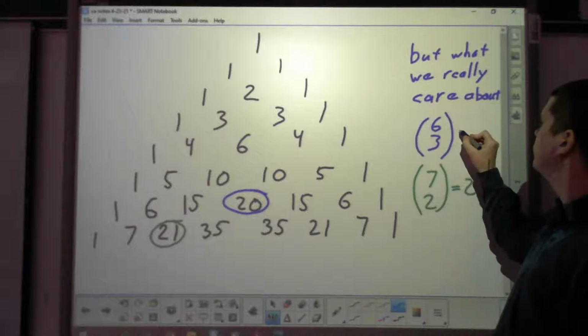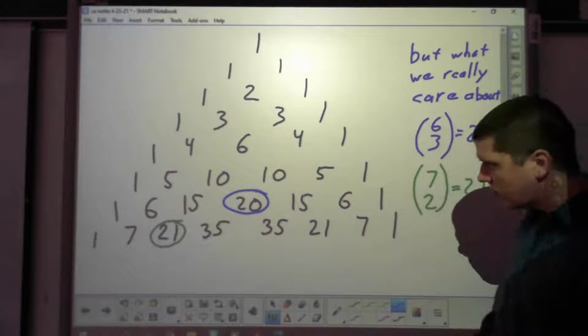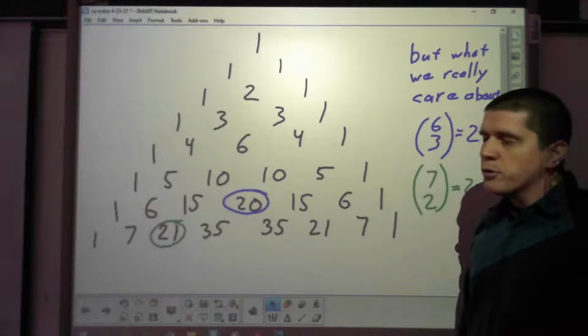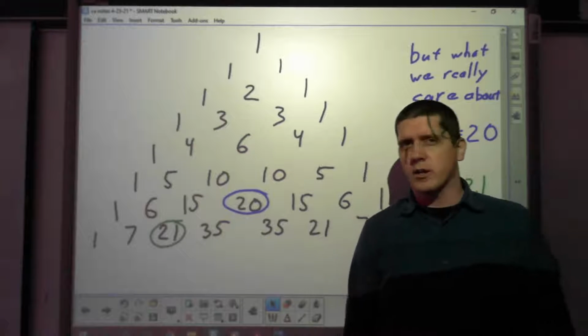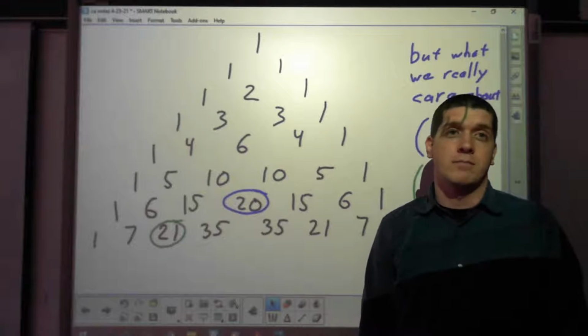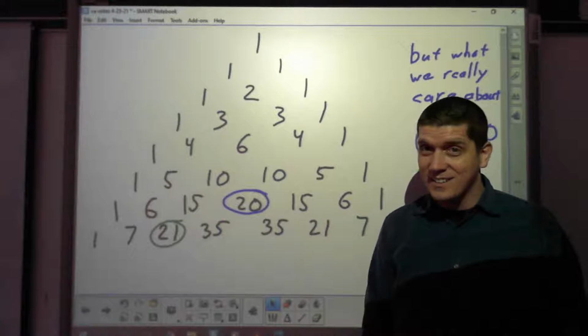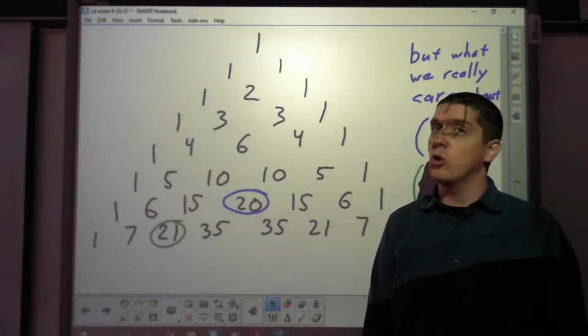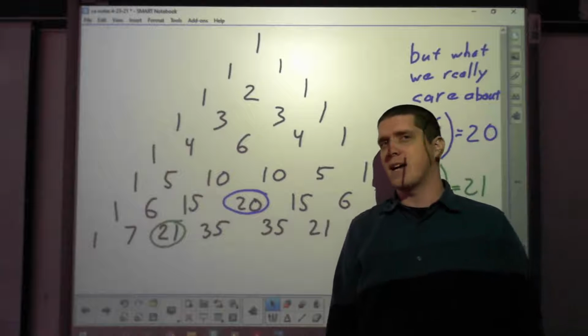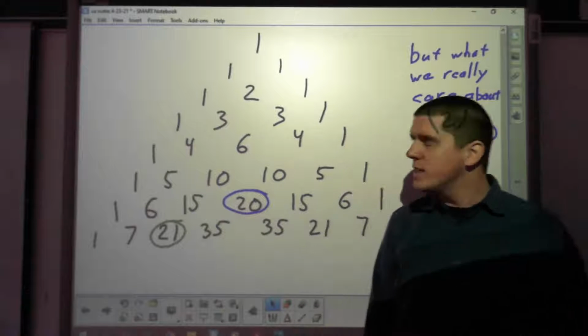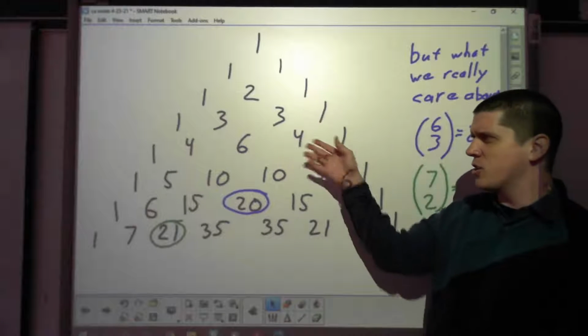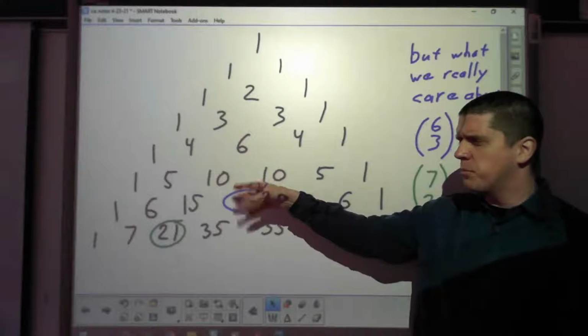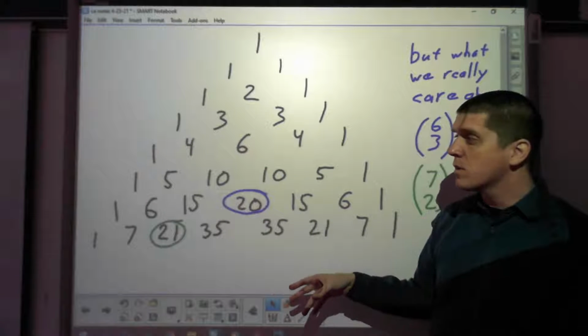Every number in Pascal's triangle is a combination. That is the actual coolest thing about Pascal's triangle. All we did was say, I'm just going to add a bunch of numbers together and end up with these numbers.